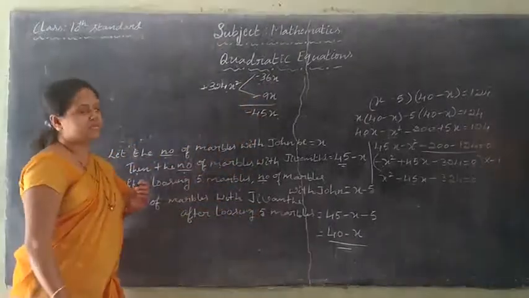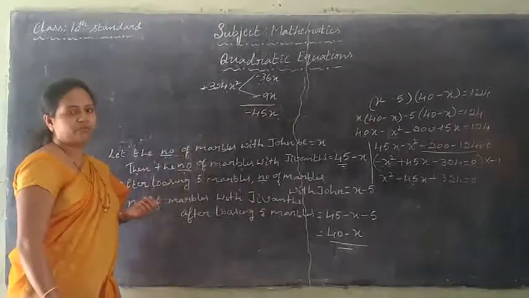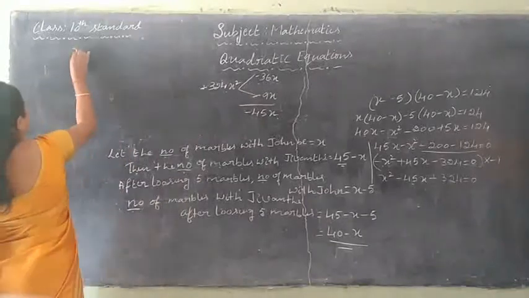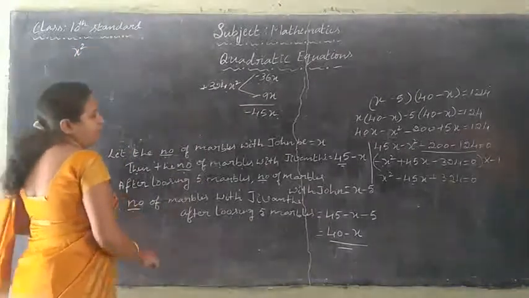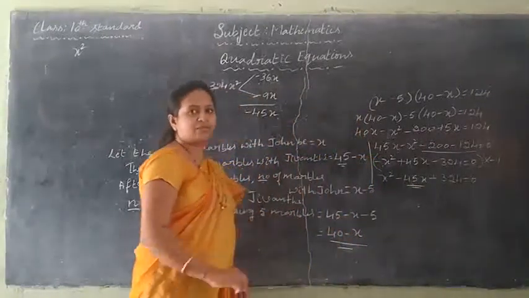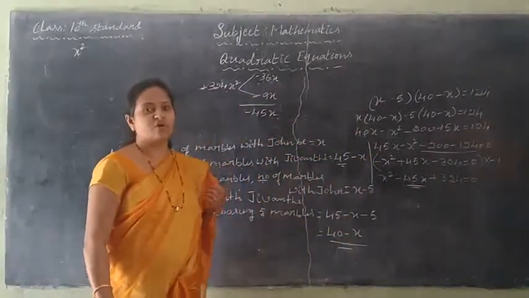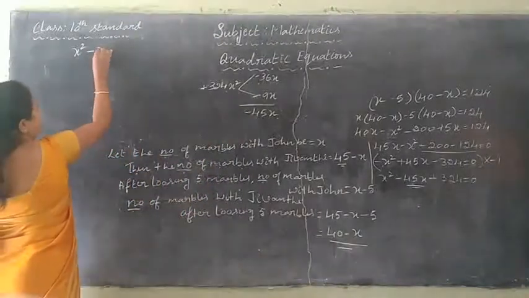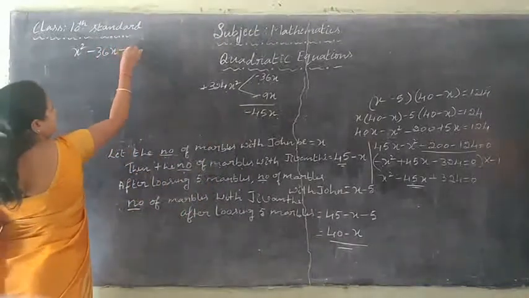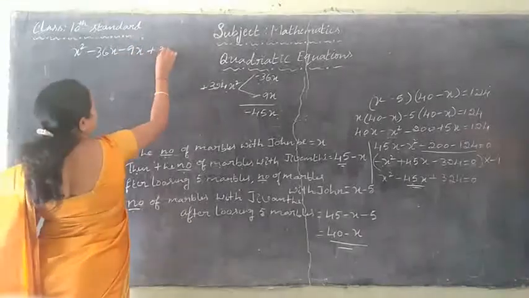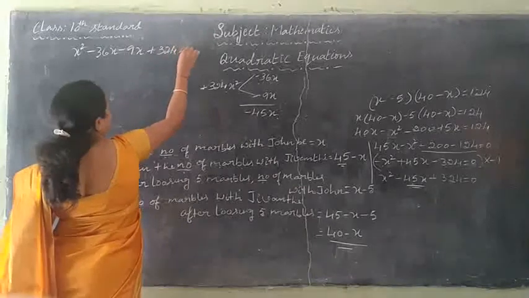When you multiply 36 and 9, you are going to get 324x square. Understood? Okay. Now write down the first term as x square. In the middle, what is the term, children? Minus 45x is there. Right. Instead of minus 45x, write down the two factors, that is minus 36x and minus 9x. And the last term is 324 is equal to 0.